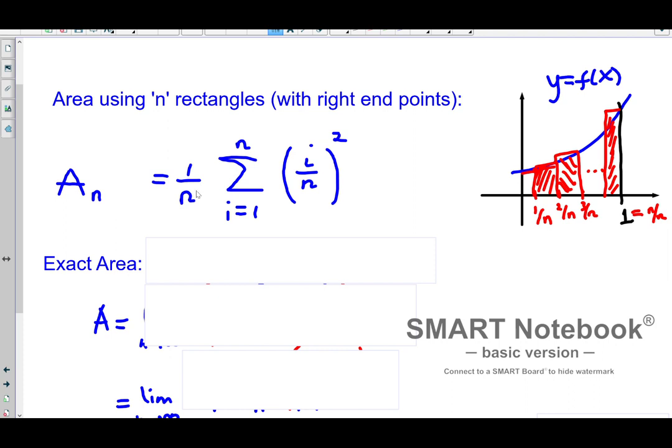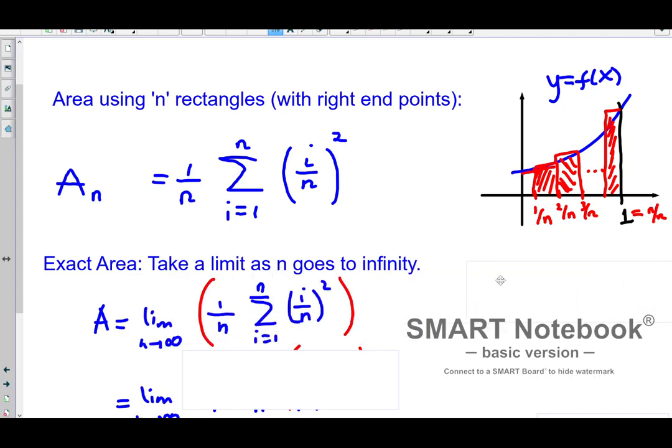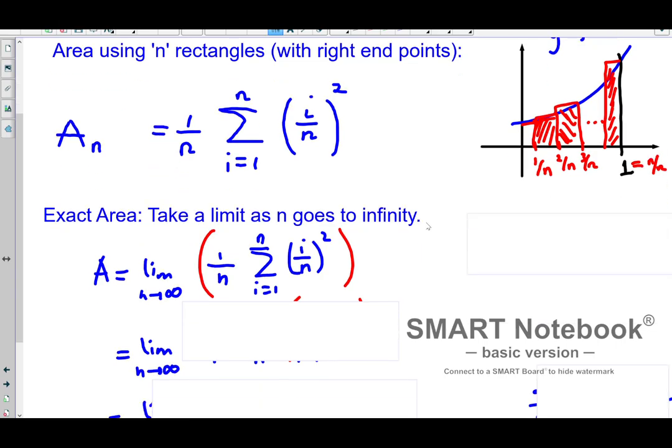When we had 50, we had 50, 50, 50. So now we have n, since we wanted it in general for n rectangles. So we got this pattern extracted. Now to simplify this, I'm going to first square this as i squared over n squared. Then I'm going to use properties of sigma to simplify, and at the end, we're going to take a limit as n goes to infinity to find the exact area.